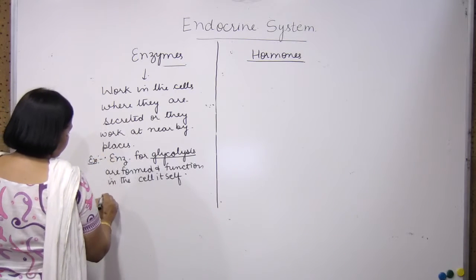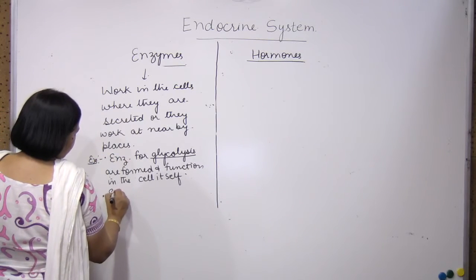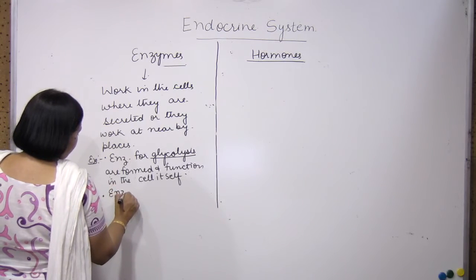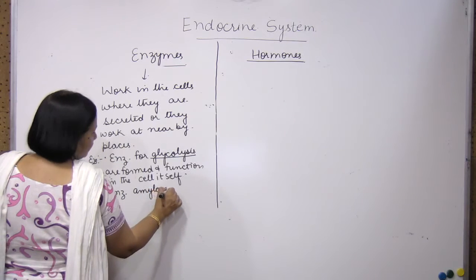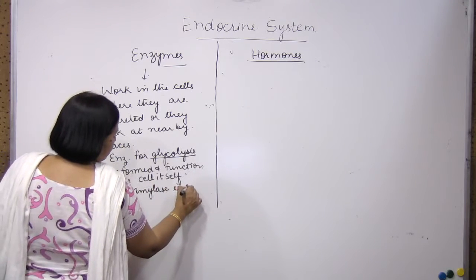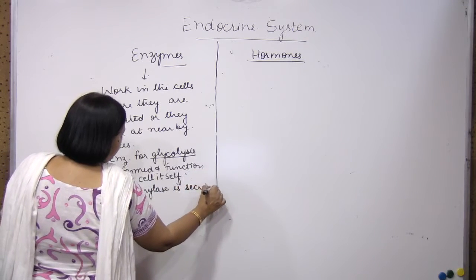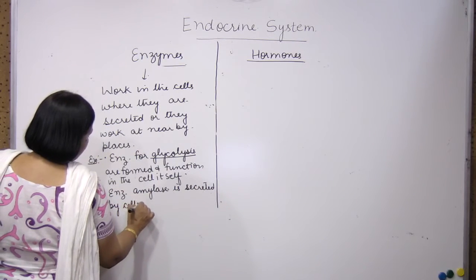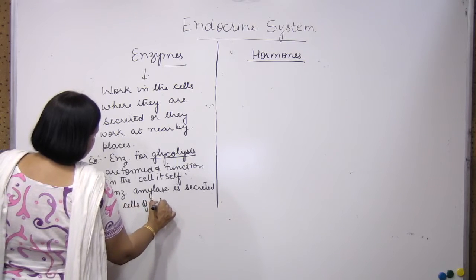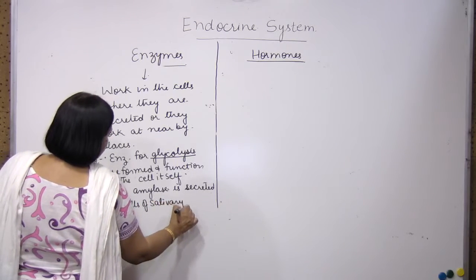Whereas the enzyme amylase, salivary amylase, is secreted by cells of the salivary glands.